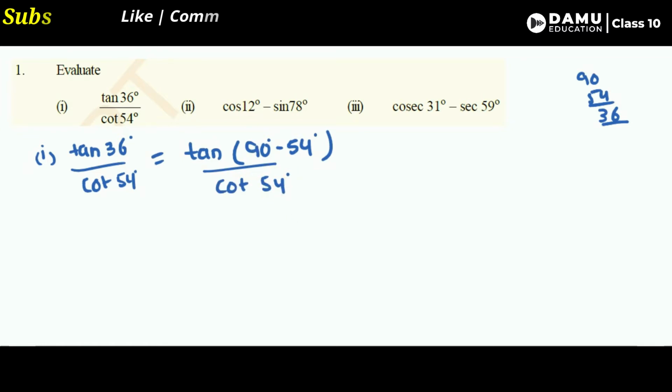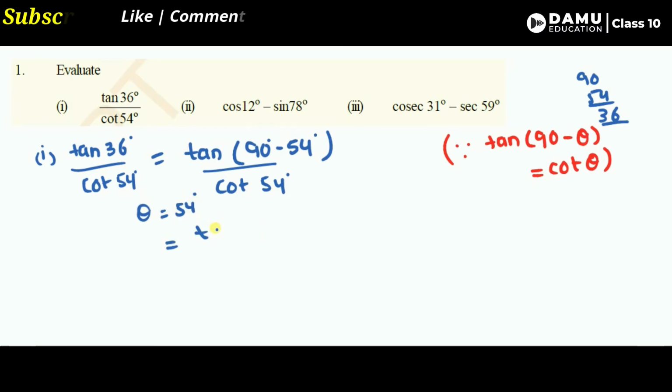Cot 54 degrees. As we know one formula: tan (90 minus theta) is equal to cot theta. So here theta is equal to 54 degrees.